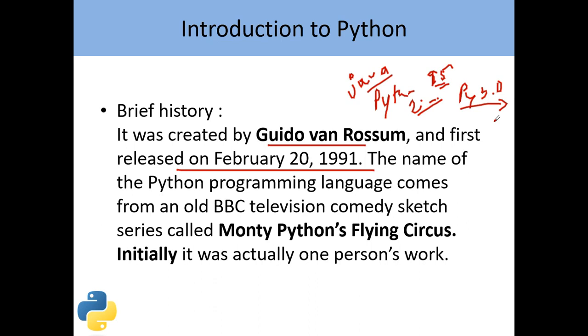After the release of Python 3, it gained much more popularity than Java, because Python can be used almost everywhere: in web development, in scientific research and analysis, in artificial intelligence, in machine learning.